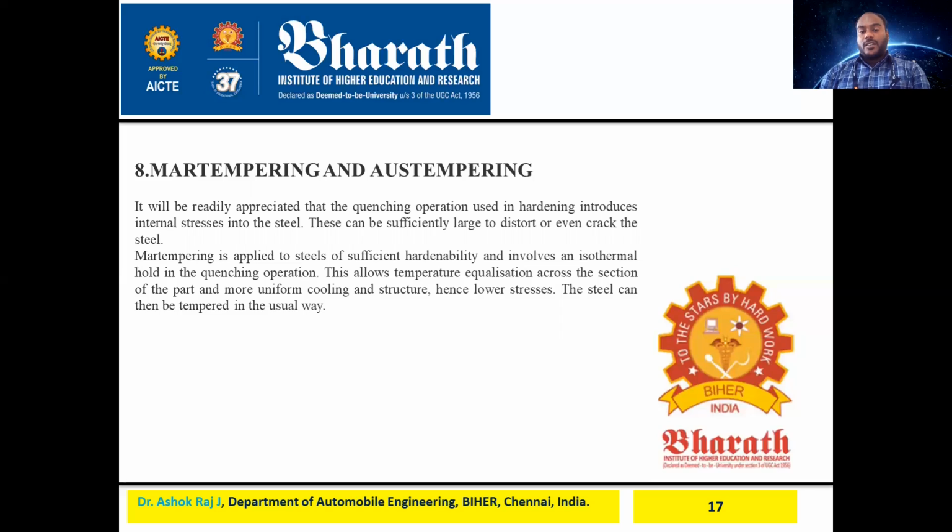Martempering is applied to steel of sufficient hardenability and involves an isothermal hold in the quenching operation. This allows temperature equalization across the section of the part and more uniform cooling, giving a structure with hence lower stresses. The steel can be tempered in the usual way.